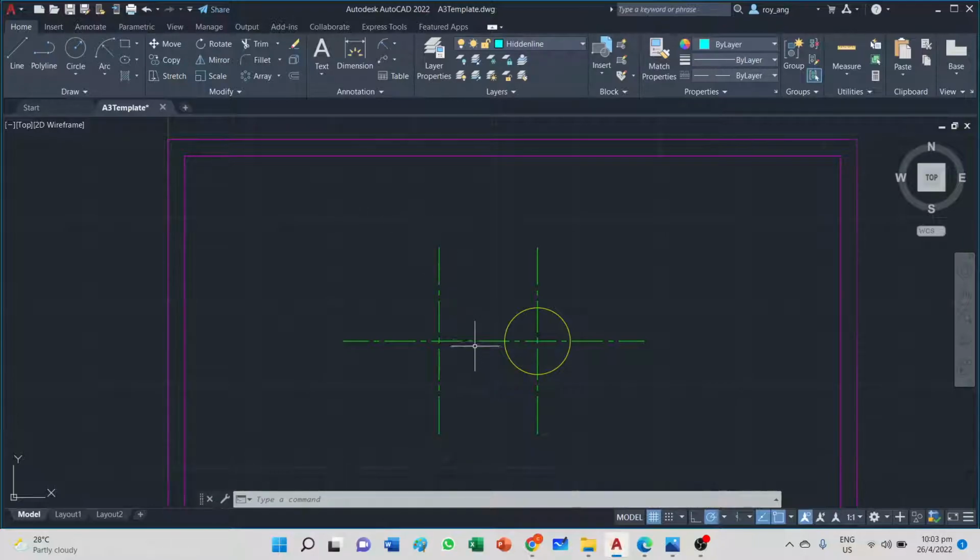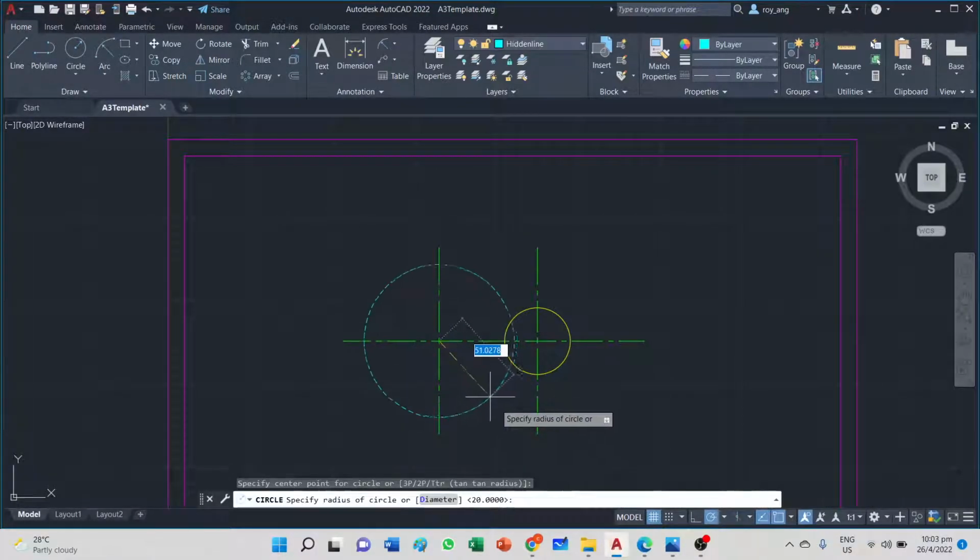Right now, because the arc R30 will pass through this point, the center of the R30 would lie along the curvature of a circle of radius 30 millimeters or diameter 60.